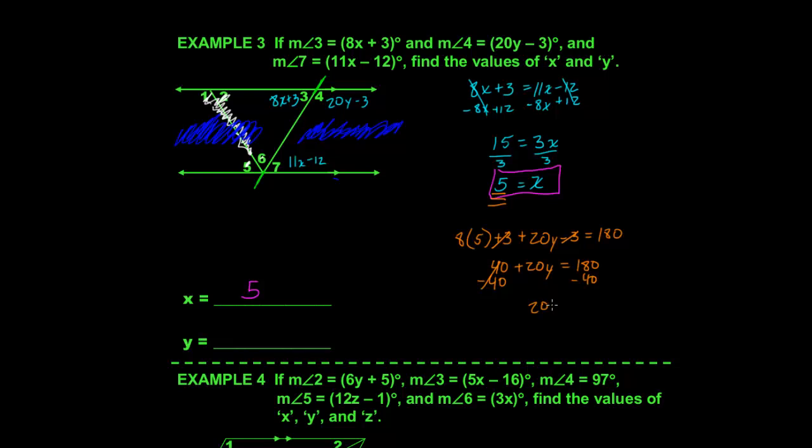That will leave you with a 20y equals 140. Divide both sides by 20. A quick way of doing that is, since you have two zeros, you can remove that. So 14 divided by 2, y equals 7. So, let me remove that and put my color.